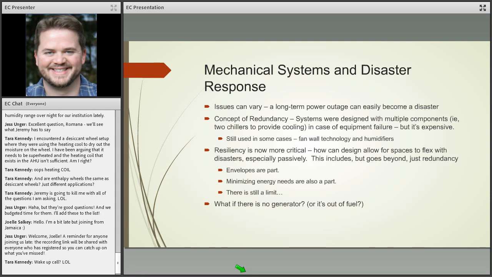How long will a collection space, if we take the air away, if we take the mechanical system away, how long will it maintain its conditions just as a normal course of being, treating the collection space like the refrigerator? If the power goes out and you don't open the refrigerator, it'll be good for a while. But the instant you open the refrigerator, you know that you've lost that cool air and you've introduced the warm air into that environment. Resiliency has a lot to do with that.